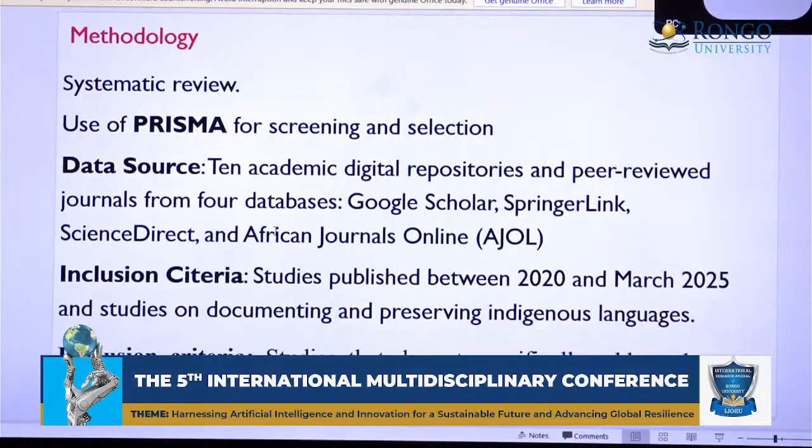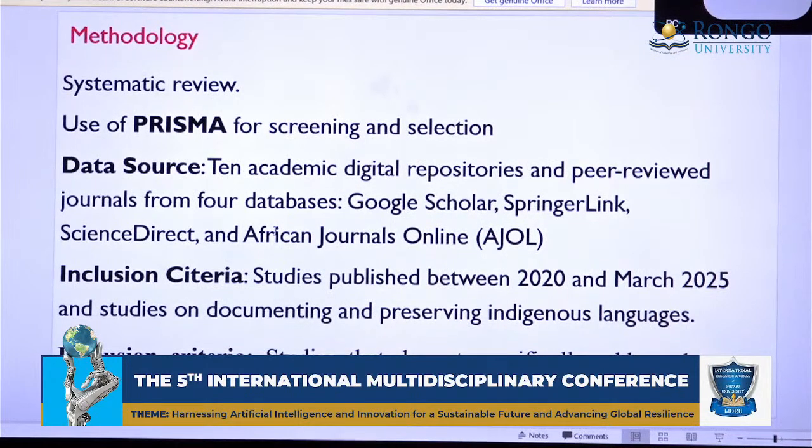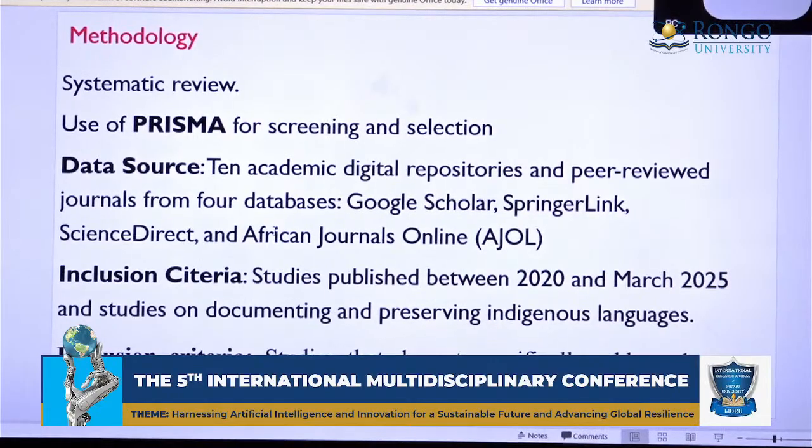This was a systematic review method of study where we used PRISMA for screening and selection of the data, which we sourced from 10 academic digital repositories, peer-reviewed journals in 4 databases: Google Scholar, Springer Link, Science Direct, and African Journals Online.